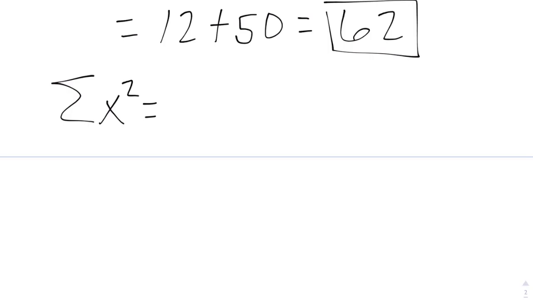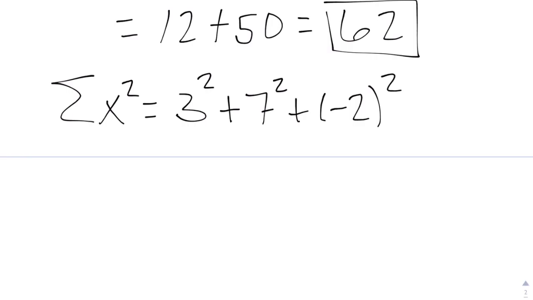So we have 3 squared plus 7 squared plus negative 2 squared. 3 squared is 3 times 3, which is 9, plus 7 squared is 7 times 7, 49, plus negative 2 times negative 2 is 4.